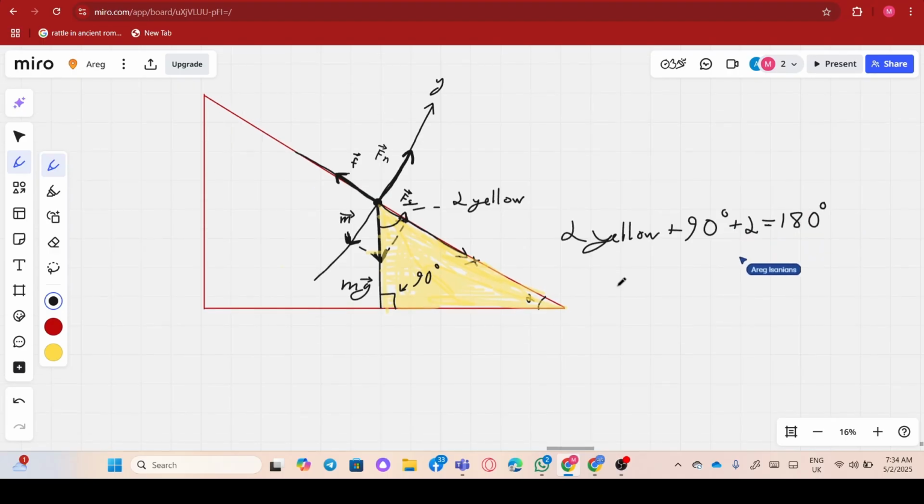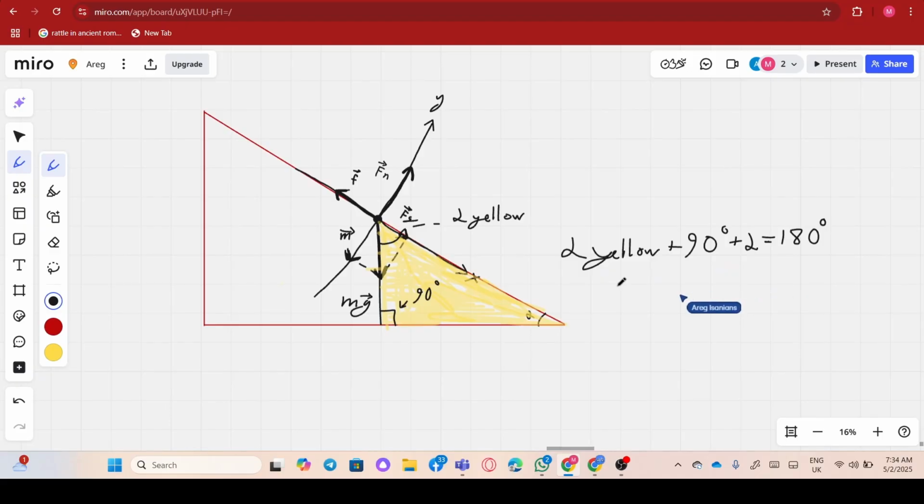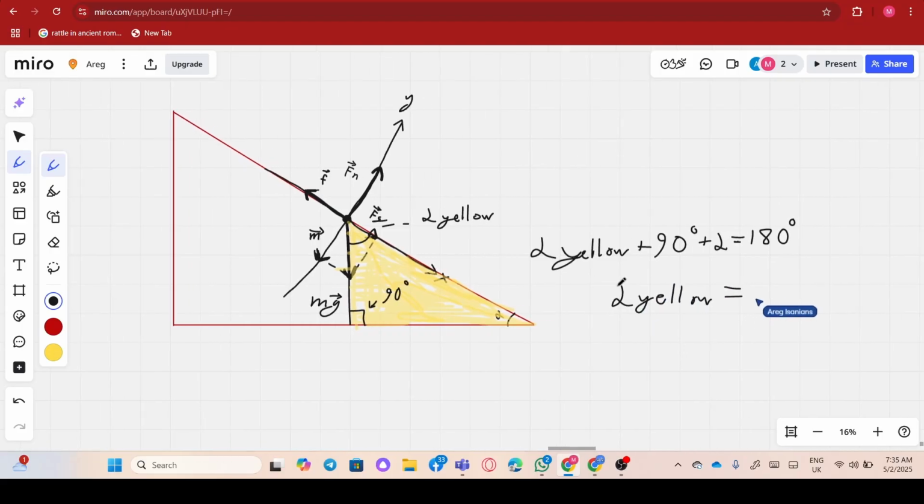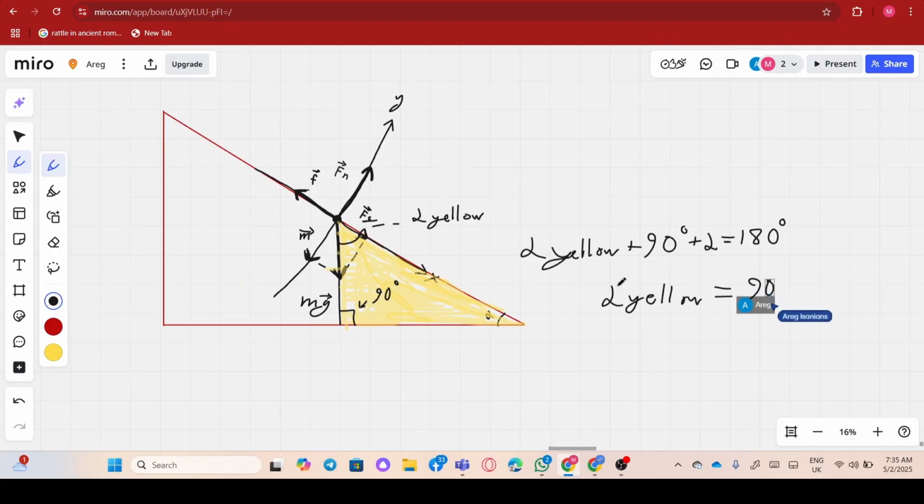So that gives us alpha yellow plus 90 degrees plus alpha is equal to 180. Since we want to get alpha yellow by itself, we rearrange, and that's how you get alpha yellow.